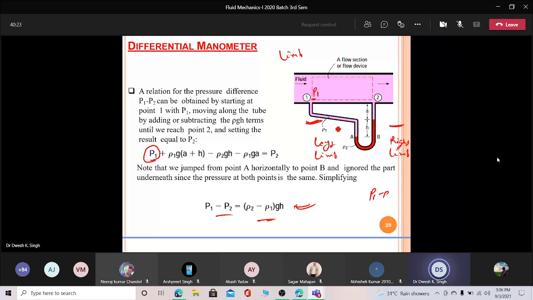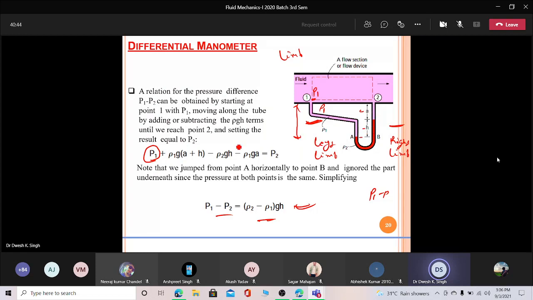Okay, so in the left limb, obviously we have a pressure P2 plus, look at here, the height of this, which means you can say the pink color, which has density ρ1. It can be either gas or liquid. Okay, so look at this, that is A H, because this is the height.